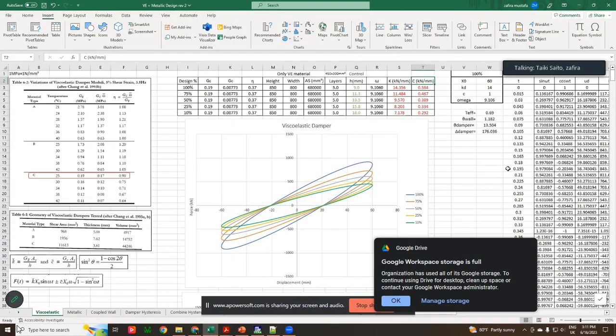One moment. I want to check one by one. Could you click GC again?